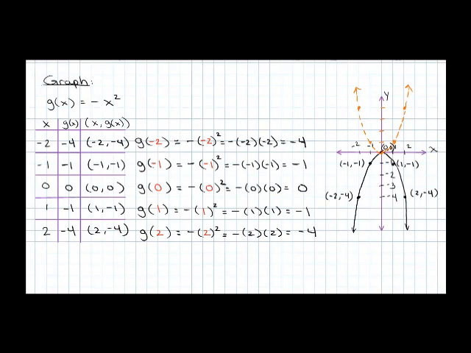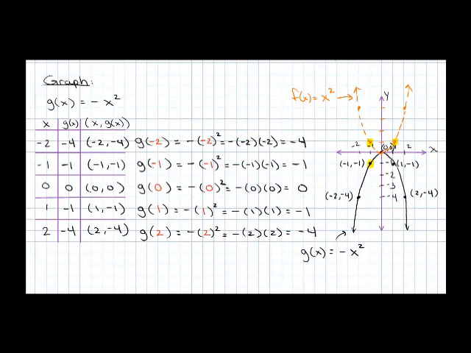Every point that is on our parent graph has a mirror image on the other side of the x-axis. So the orange dotted graph is f of x is equal to x squared, whereas the black solid graph represents my g of x, which is equal to negative x squared. That way you can see the similarities as well as the difference.